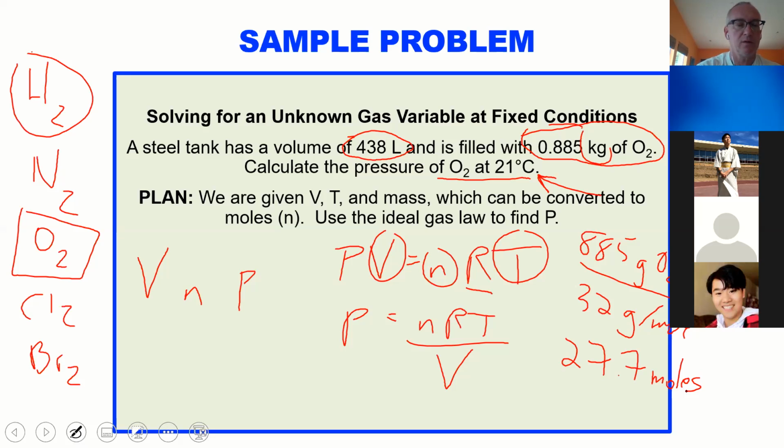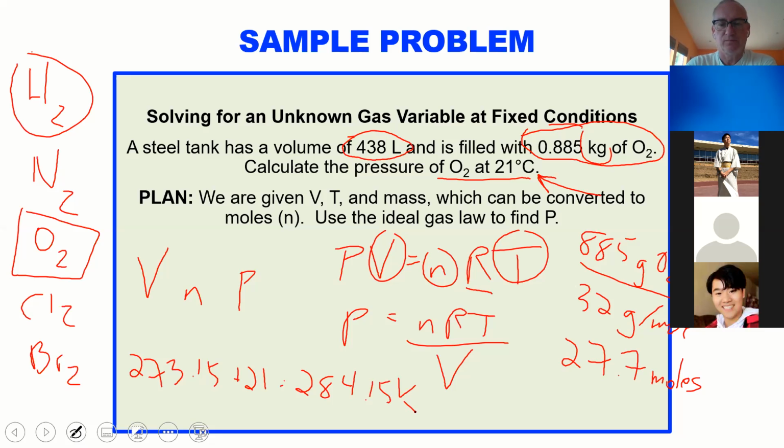I like to use all of the significant digits I have and then round at the end. So 273.15 plus 21 is 294.15 Kelvin.